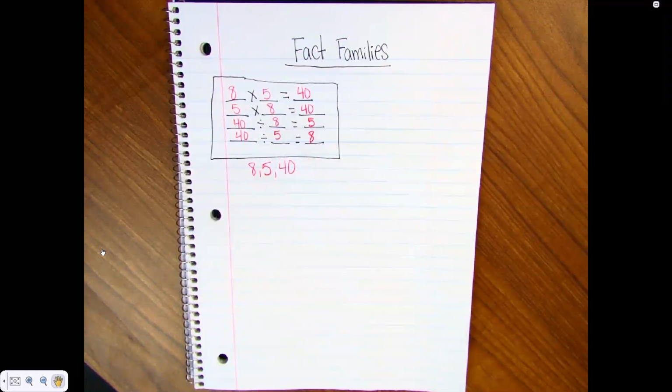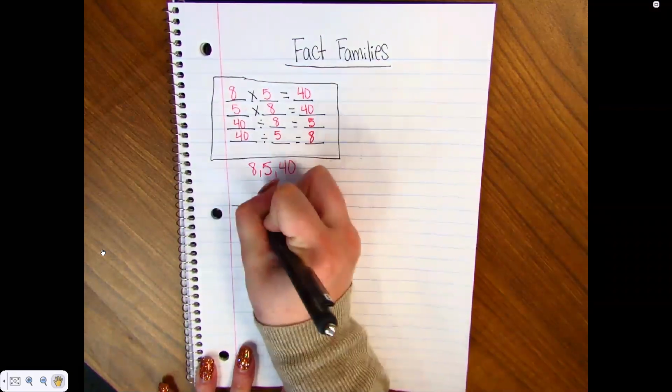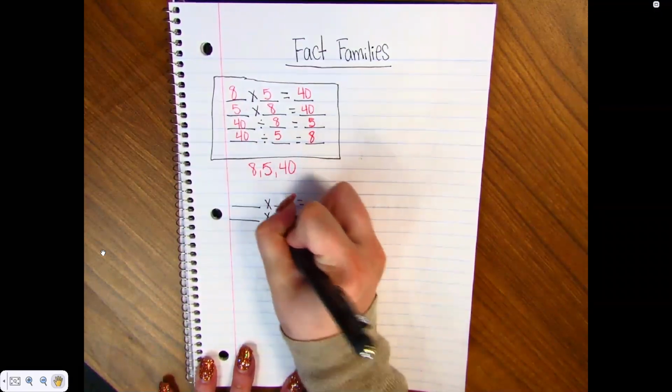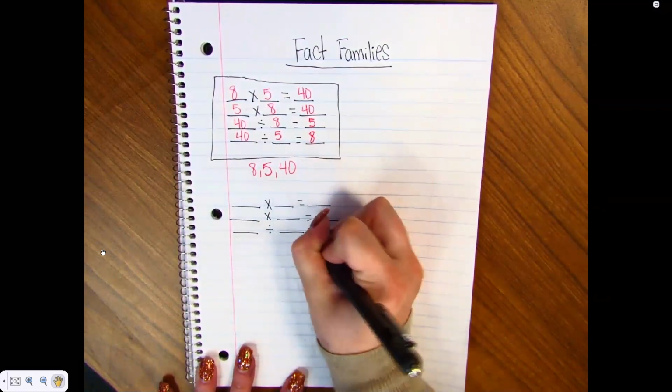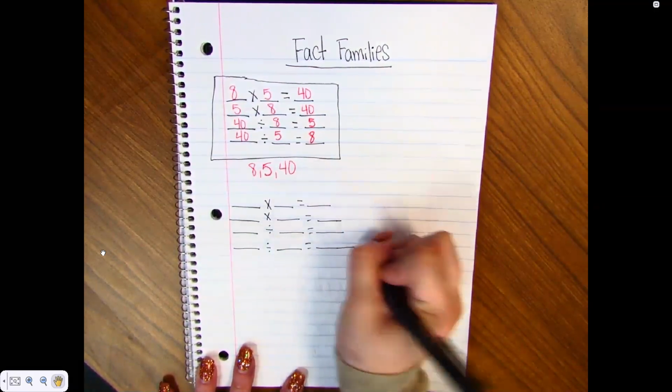Okay, we're going to do one more, and then I'm going to have you do this by yourself for our independent practice. So again, I'm going to write blank times blank equals blank, blank times blank equals blank, blank divided by blank equals blank, blank divided by blank equals blank.